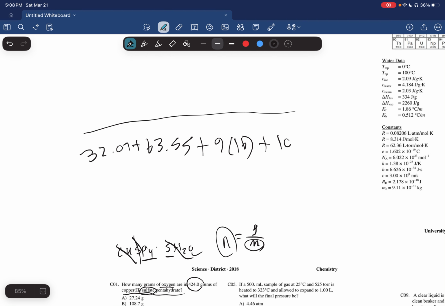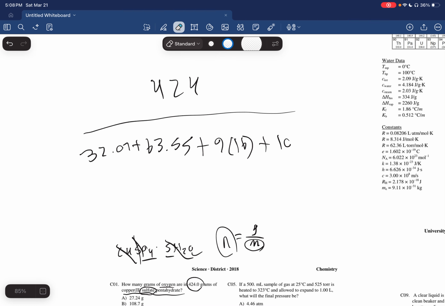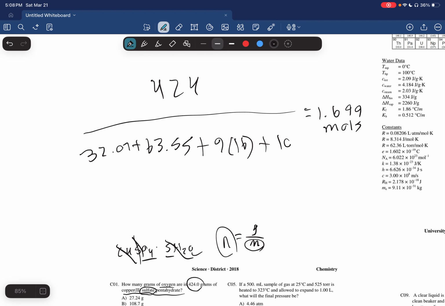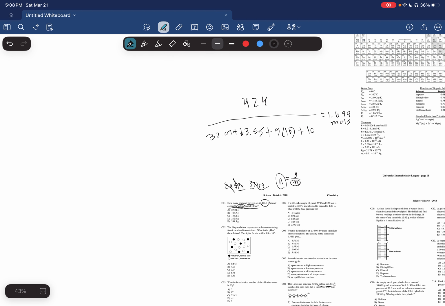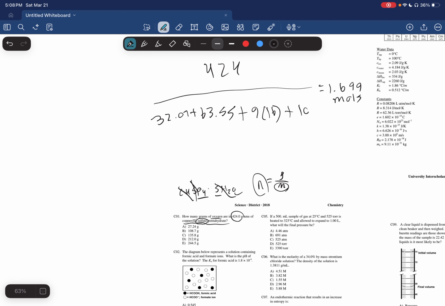So if we put our grams over this entire thing and we put this in the calculator, 32.07 plus 16 plus 10, we will come out with 1.699 moles, roughly. And so that's our moles of copper 2 sulfate pentahydrate.